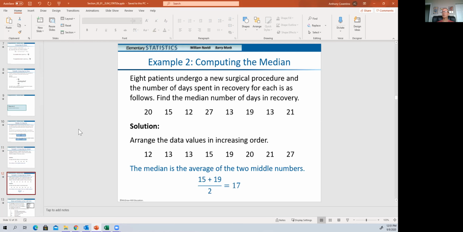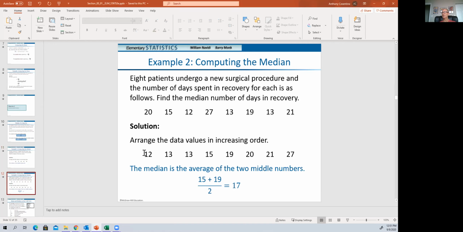So here's an example of 8 data points, and here this is an even number. So to calculate the median for an even number of data points, we want to average the middle 2. Again, the first strategy is you take the data set, if you're doing this by hand, and put it from smallest to largest.